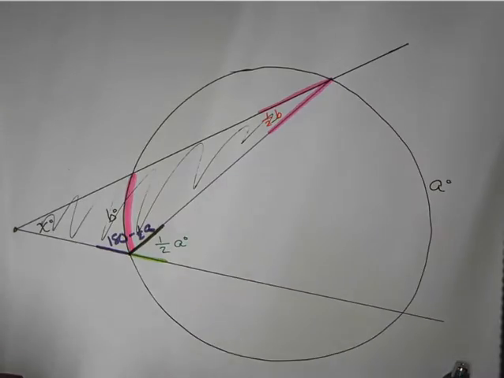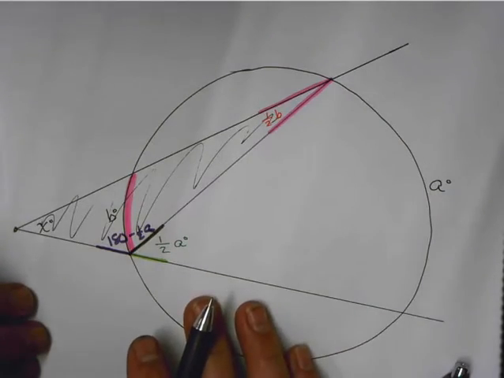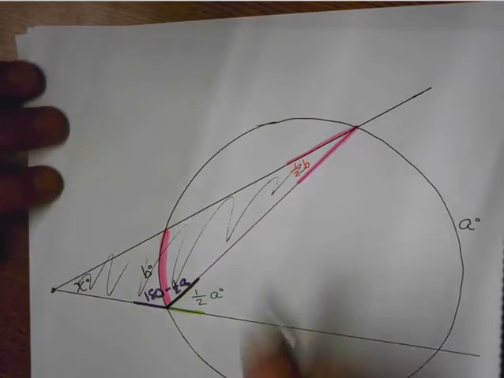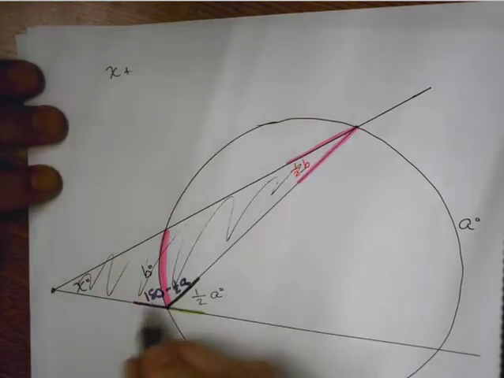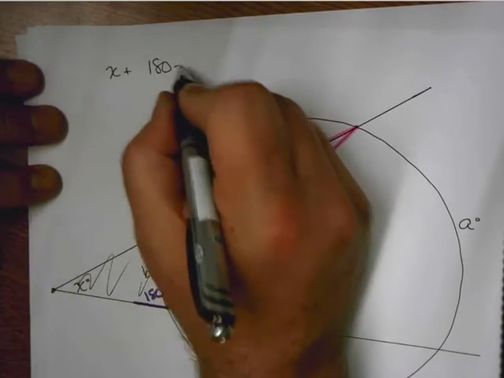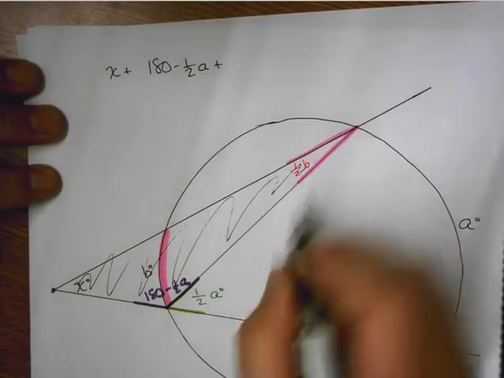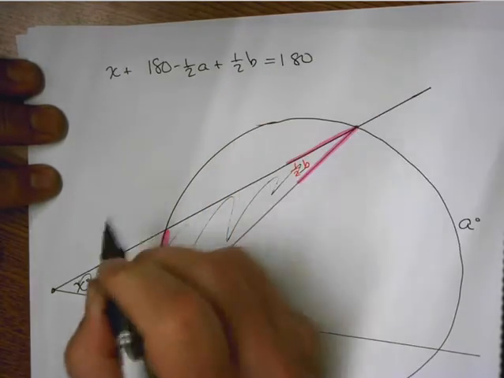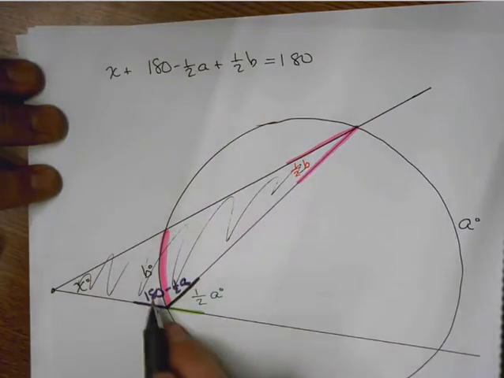In this triangle we have 3 angles, and thus we can expect that their sum is 180 degrees. So I'm going to say x plus 180 minus 1/2 A plus 1/2 B should all equal 180 degrees, because the 3 angles in a triangle by the triangle angle sum add to 180 degrees.